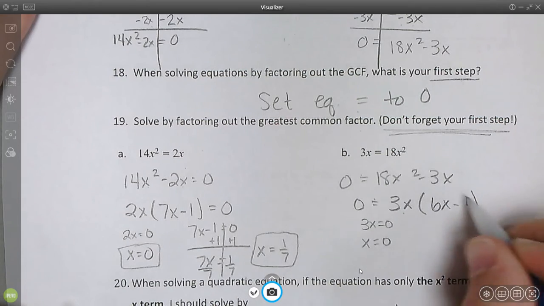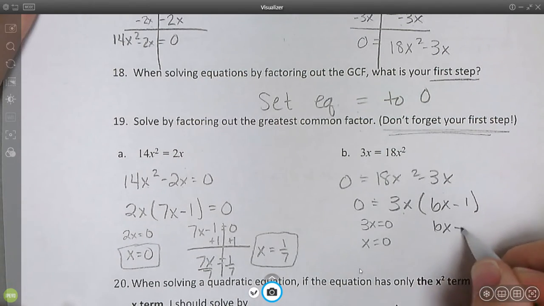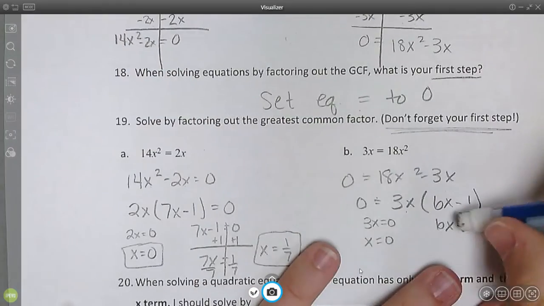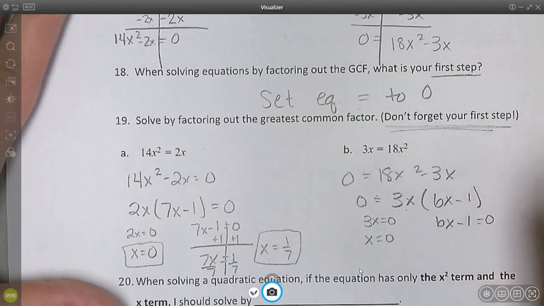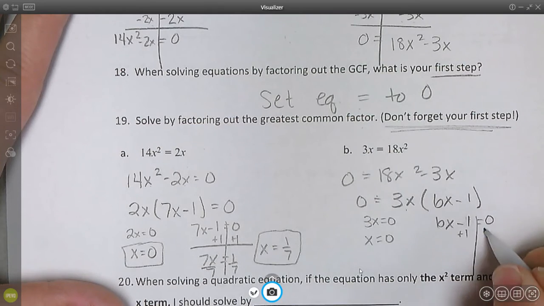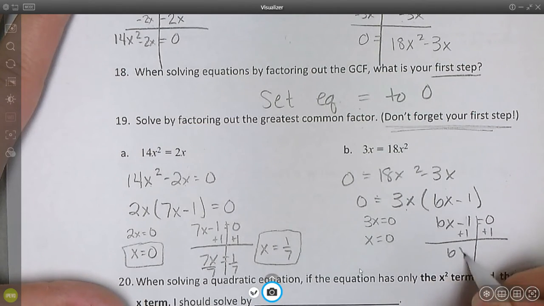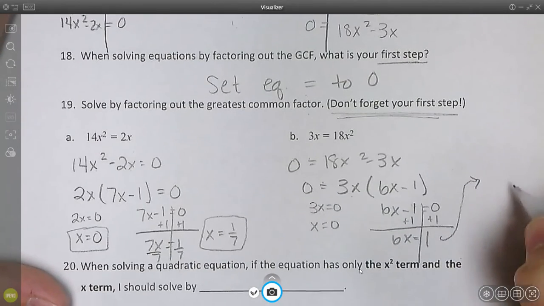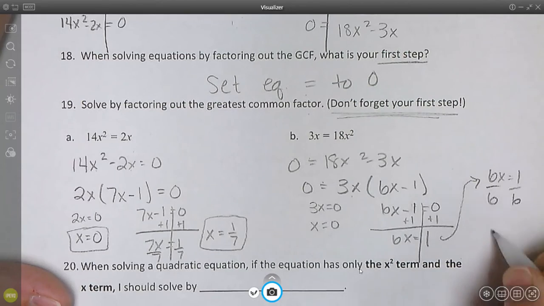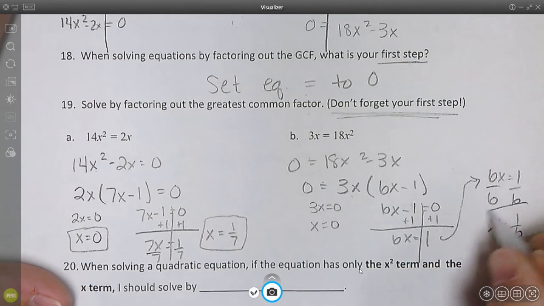This will be x equals 0. 6x minus 1 equals 0. We'll add 1 to both sides. You get 6x equals 1. Divide both sides by 6. And you get x equals 1/6.